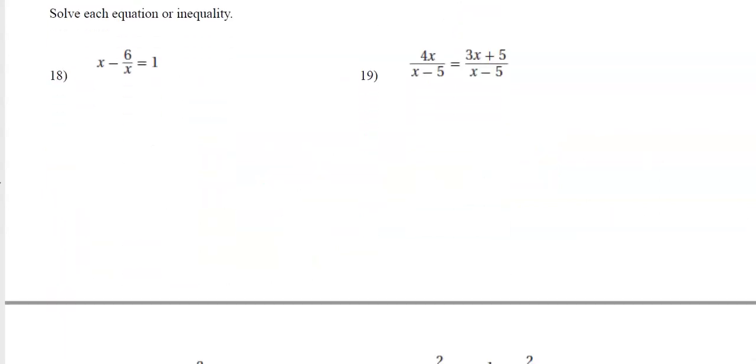All right, now we're into solving. Now's where the whole game is. Whenever you want to solve, because you see an equal sign, we need to clear all fractions by multiplying by the LCD or LCM, whatever you want to call it, same thing.